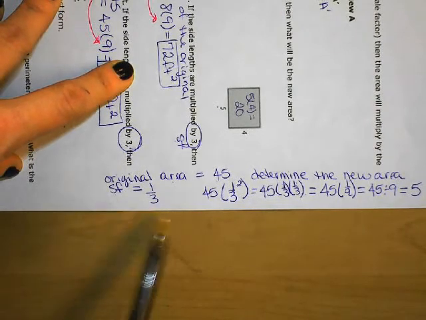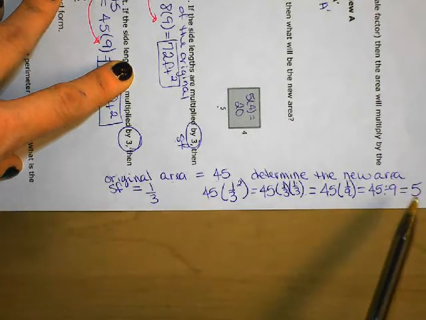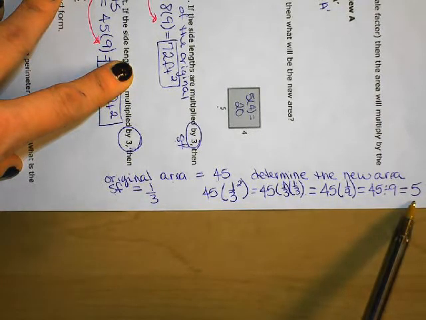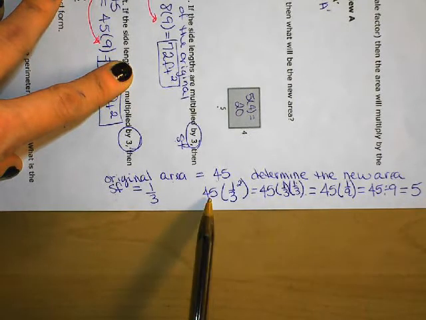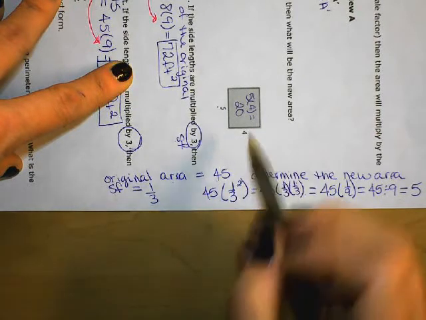Again, I just wanted to make sure that you understood when you multiply by a scale factor of less than 1, the area is going to be going down as well. I will go over this again. You have the original area times the scale factor squared.